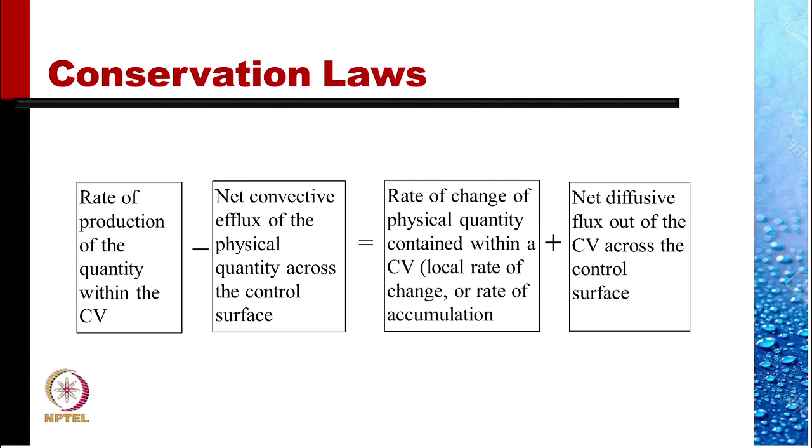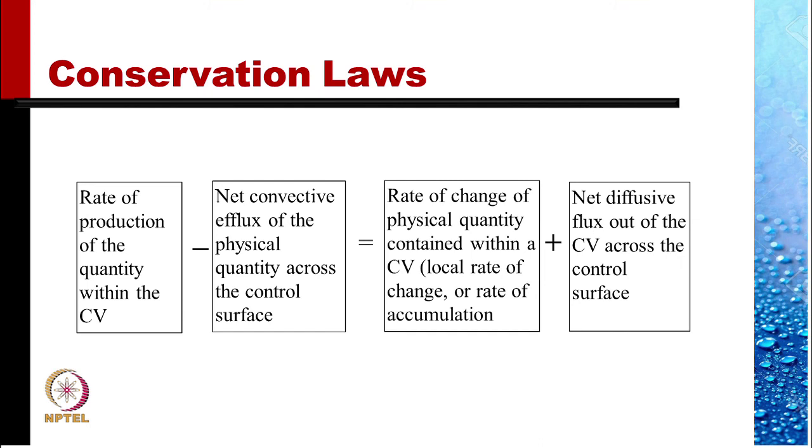The rate of production of the quantity within the control volume minus the net convective efflux of physical quantity across the control surface is equal to the rate of change of physical quantity contained within the control volume. This is the local rate of change or the rate of accumulation plus the net diffusive flux across the control surface.